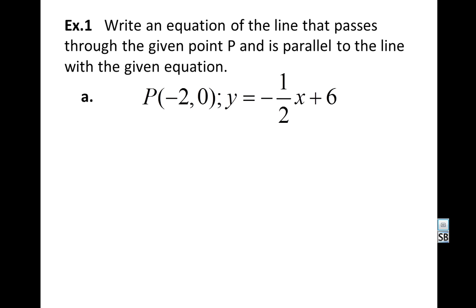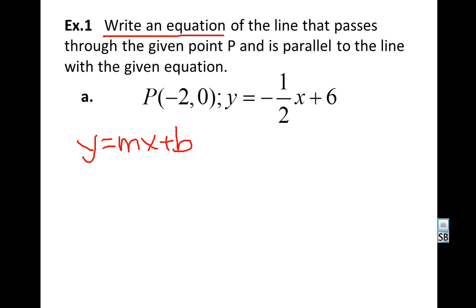It says to write an equation of the line that passes through the given point P and is parallel to the line with the given equation. So there's a lot going on here, but it's really not as complicated as it looks. It starts off with saying, write an equation of the line. So I know that I'm going to have to start off with my slope-intercept form, y equals mx plus b.